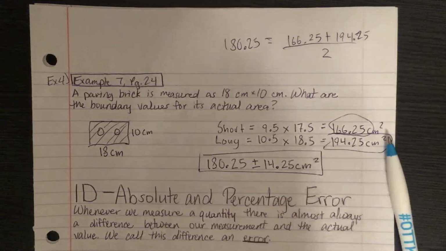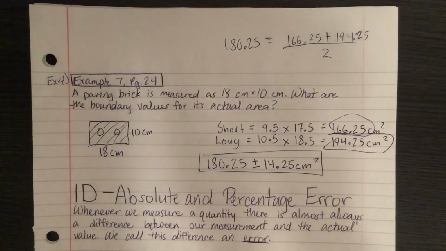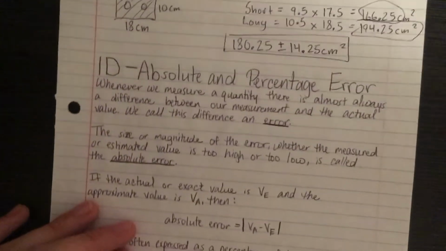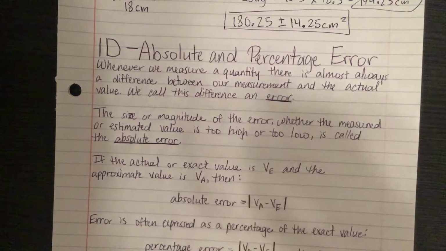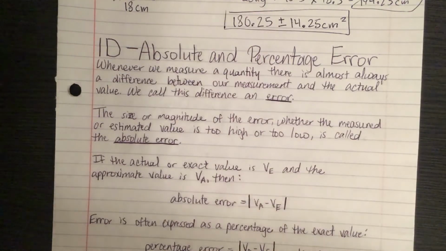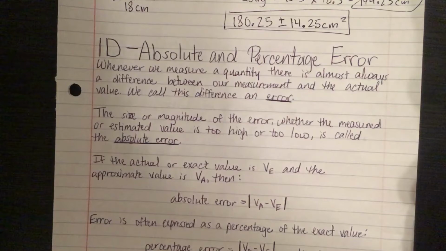So the last thing that we're going to do here, we're going to look at absolute and percentage error. Whenever we measure a quantity, there's almost always going to be a difference between our measurement and the actual value. We're human, we make mistakes, and we refer to this difference as an error.